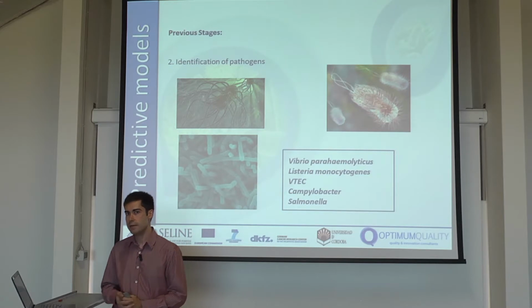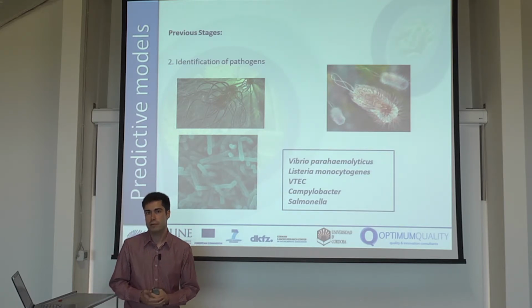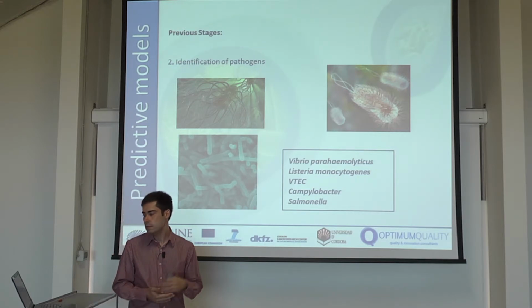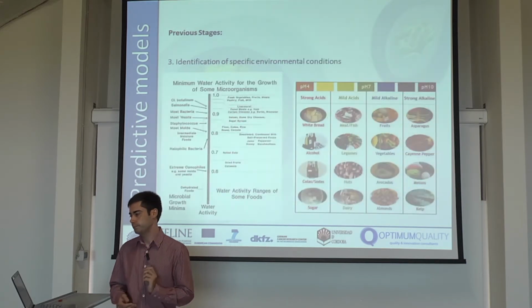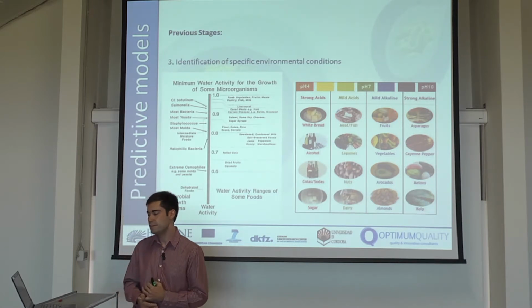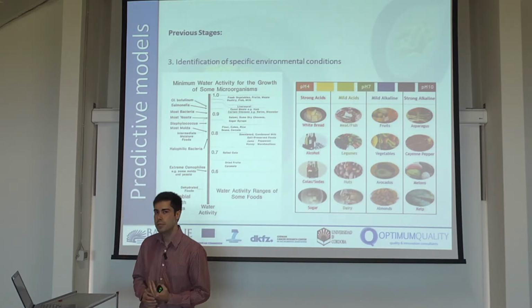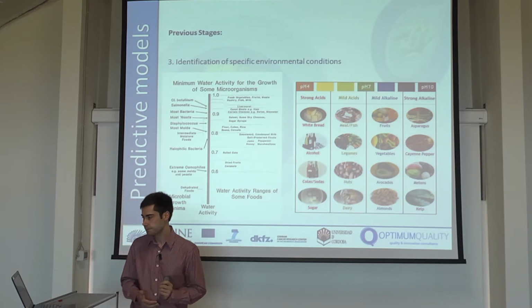Then we identified the main microbial hazards associated with each food category, mainly Vibrio parahaemolyticus, Listeria monocytogenes, Campylobacter, and Salmonella. The third step consists of identifying the specific environmental conditions in order to develop specific predictive models.